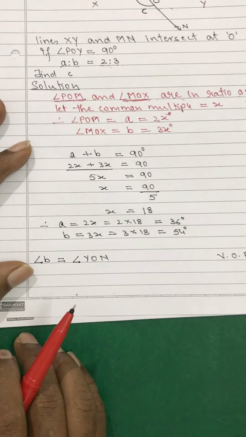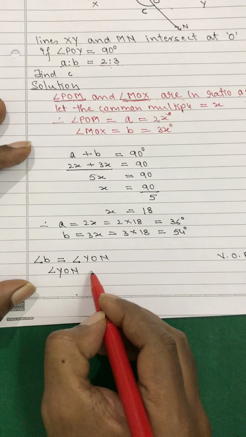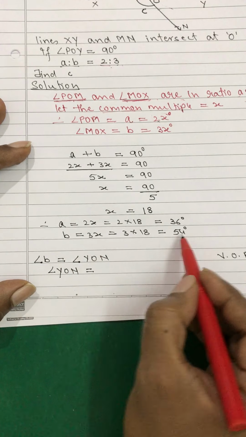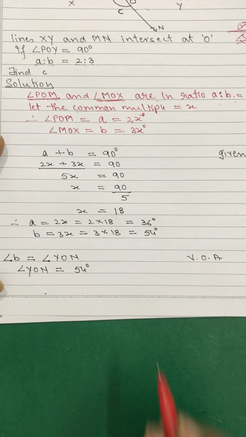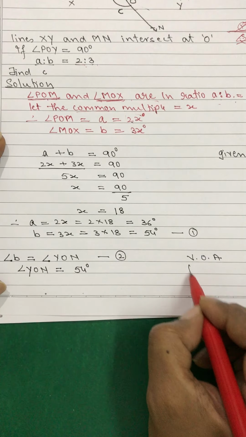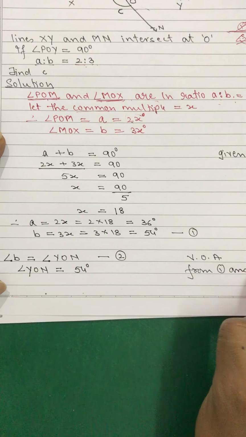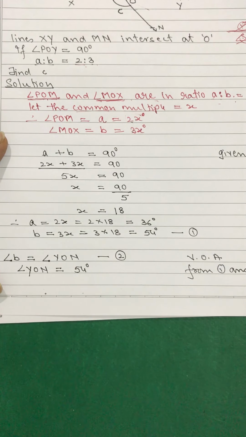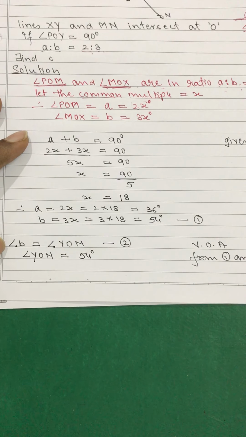Therefore, angle YON is equal to what? B is 54 degrees. Fine. If you want, you can write this is 1, this is 2, from 1 and 2. Okay, so you got YON is equal to 54 degrees.